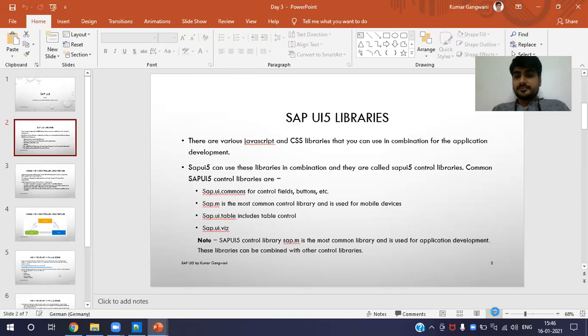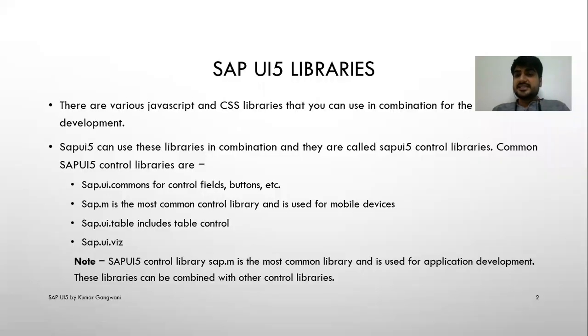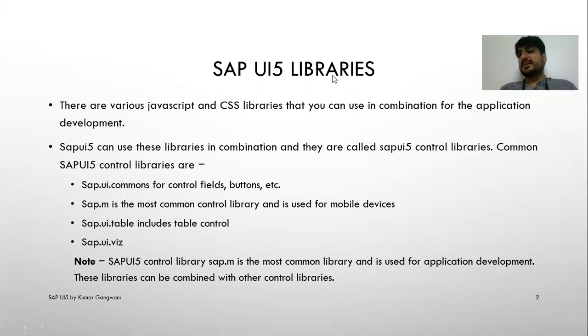Libraries. There are various JavaScript and CSS libraries. You can use a combination of them for application development. SAP UI5 can use these libraries in combination, and they are called SAP UI5 control libraries.